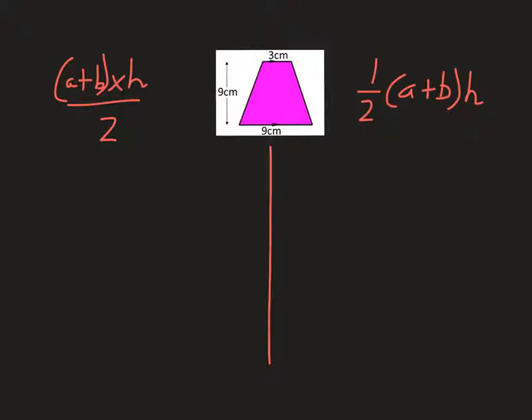Let's demonstrate using the formula in either of its forms. Using the trapezium, we can find that this is A, this is B, or the base, and here we have the height. So let's put it into the first formula.